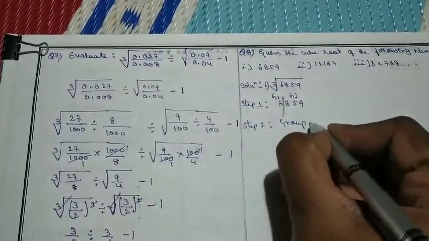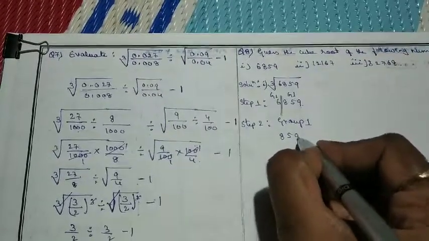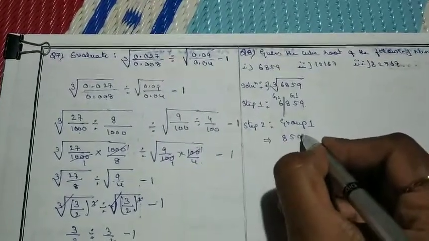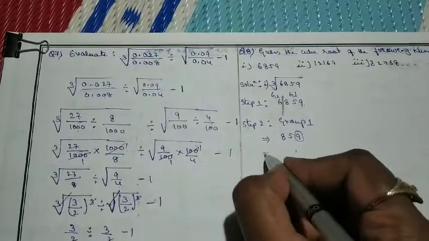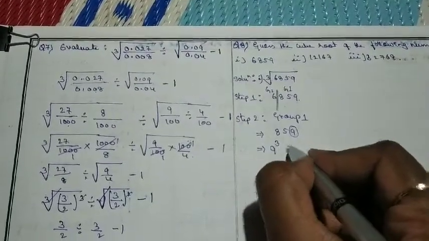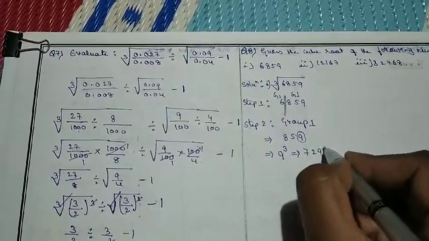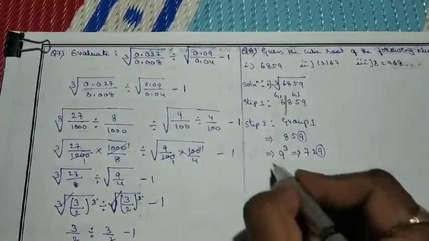So what is group 1? Group 1 is 859. In this we need to take the units place number. The units place number is 9 and we need to find its cube. Its cube is 729. In that we need to consider the units place, again 9.